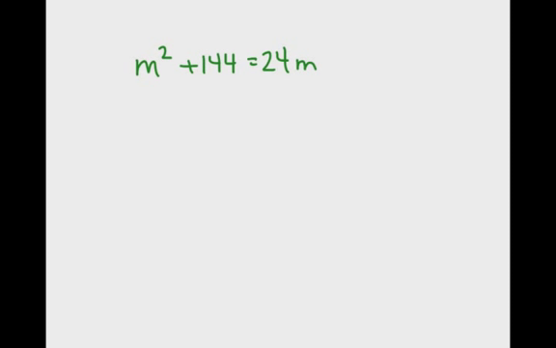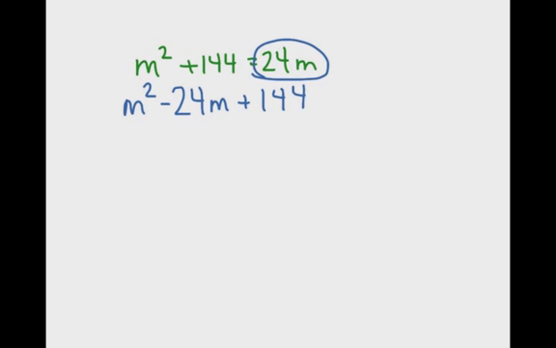So the first thing we're going to do is set our equation equal to 0. In order to do that, we need to move this 24m to the other side. So we're going to have m squared minus 24m plus 144. And then we make our t, and we're going to factor. So we're going to have an m and an m.